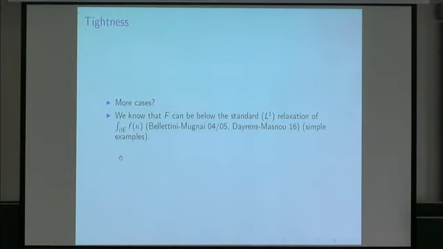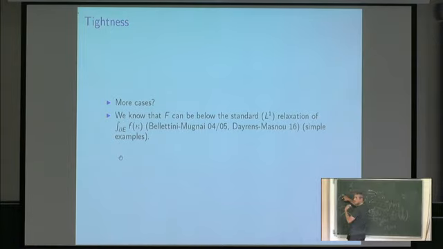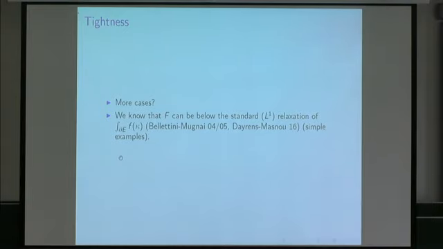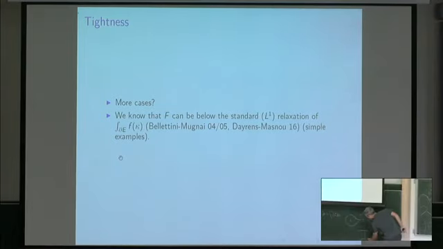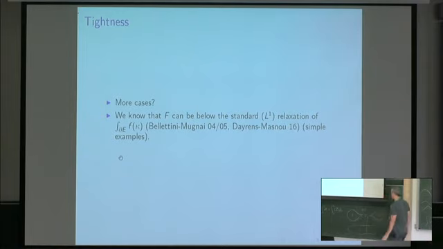So for instance, it's not true if you have a parabola, because here the curvature goes to infinity, but you can design functions for which all the level lines are C2 and globally the curvature is continuous. I think that this should be true in that case, but I don't know how to prove it. And you also can check what happens in these situations. So in this situation, I expect that we get the same relaxation as this drawing, essentially because the measure is lifted, if you want, in this way, more or less.